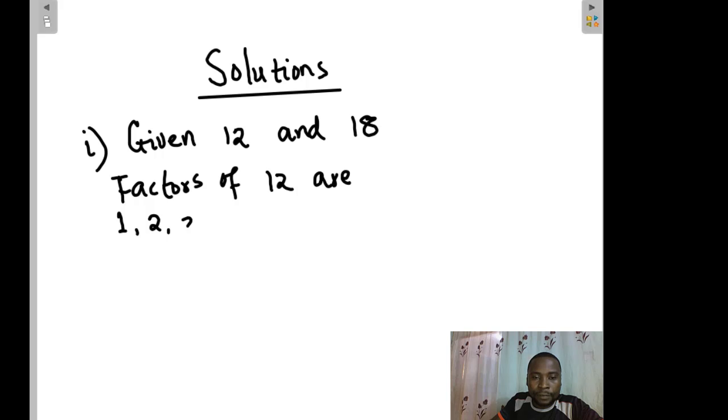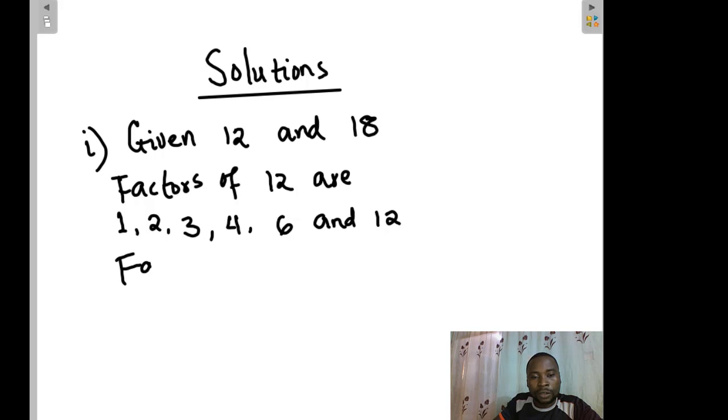So 3 is there and 4 is there because 3 fours is 12. 5 is not there because 1 five is 5, 2 fives is 10, 3 fives is more than 12. So 5 is not there. 6 is there and 12 itself.